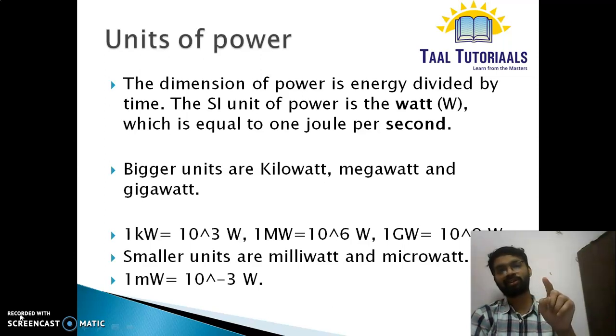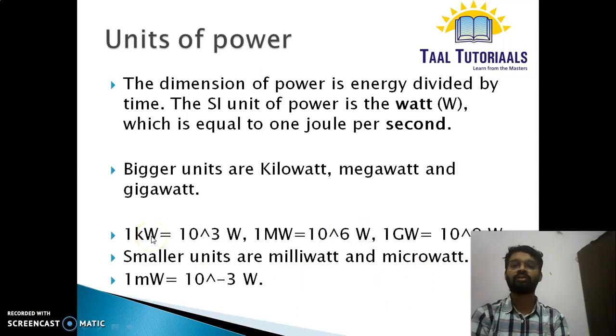Watt is denoted by W, which is joule per second, like joule for work or energy, divided by time, so time is second. There are many units related to power. Some bigger units are kilowatt, megawatt, gigawatt, and some smaller units are milliwatt, microwatt.